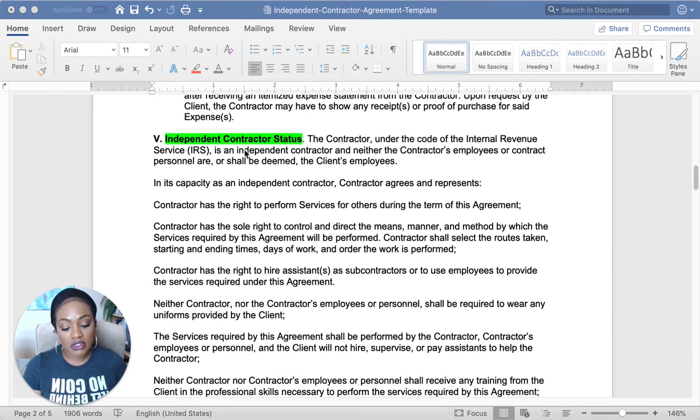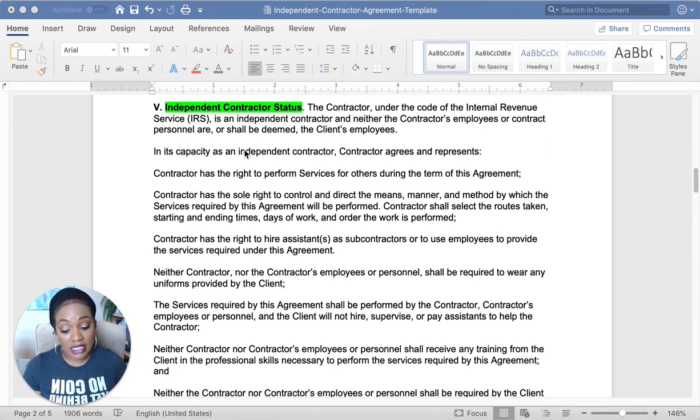This green section right here, I particularly liked, because independent contractor status is actually governed by two governing bodies. That's the IRS and the Department of Labor. They're completely separate. However, a lot of the regulations for determining whether a worker is an employee versus an independent contractor overlap a lot.